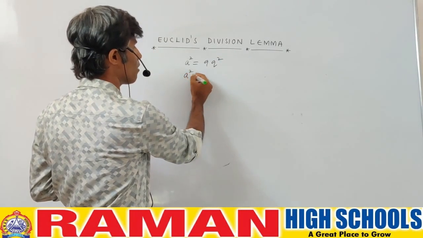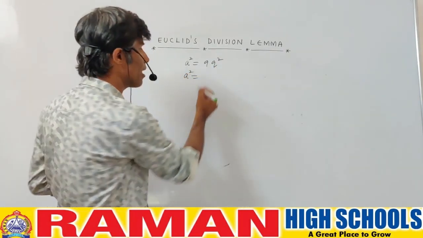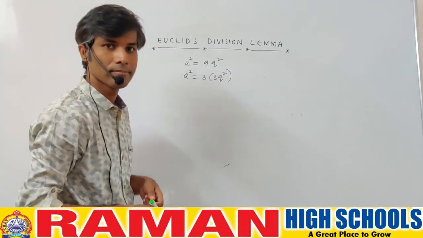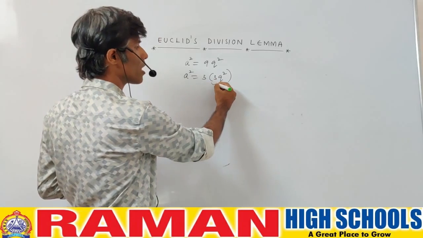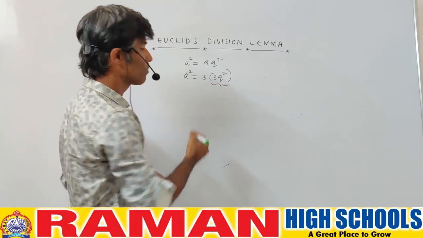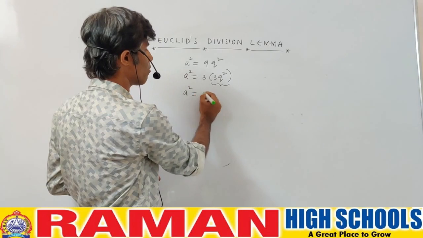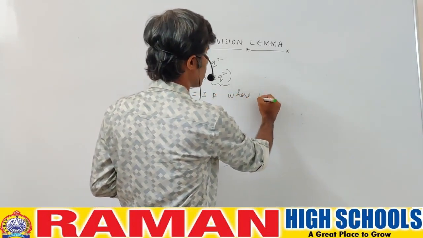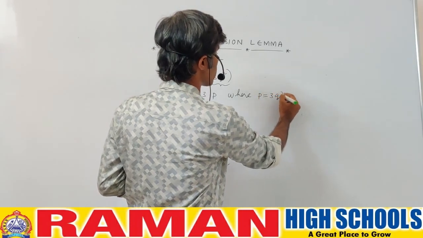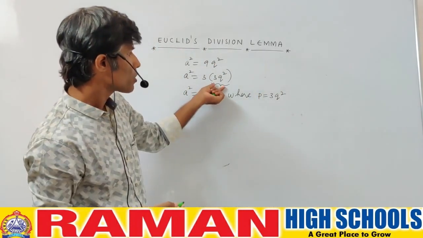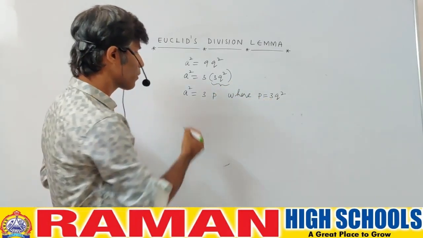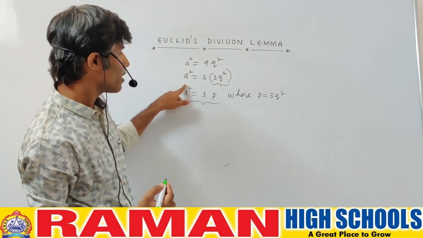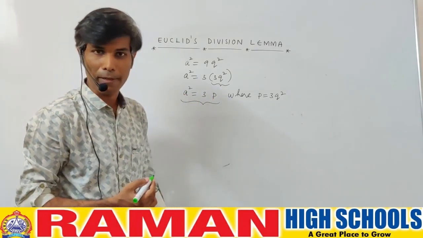This 9q square can be written as 3 into 3q square. So this 3q square we are going to take as some p. Therefore a square equals to 3p, where p equals to 3q square. Therefore we can conclude that the square of a positive integer is in the form of 3p.